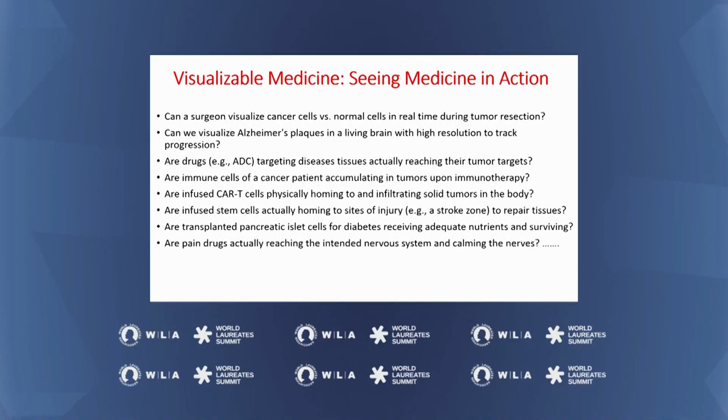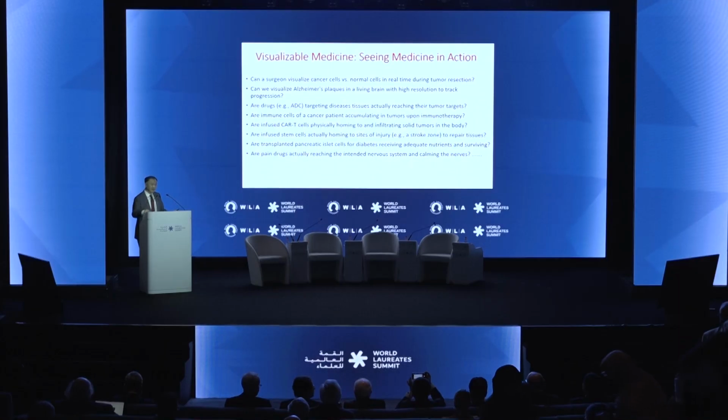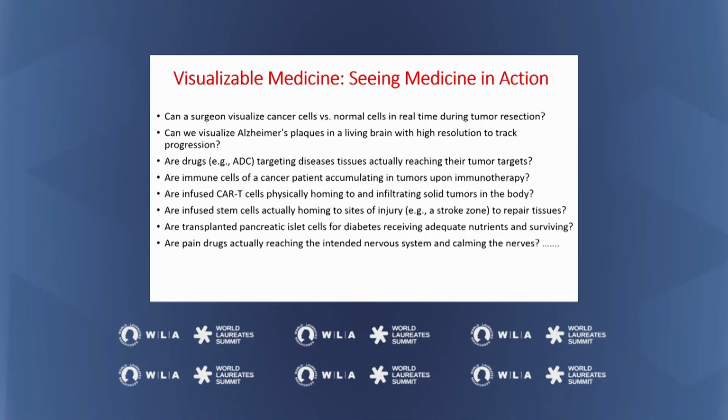And so the question we have in hand is, can surgeons visualize cancer cells when they are doing a surgery to remove a tumor? And can you visualize Alzheimer's disease plaque in the brain?